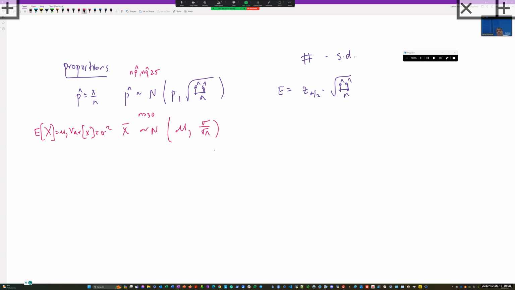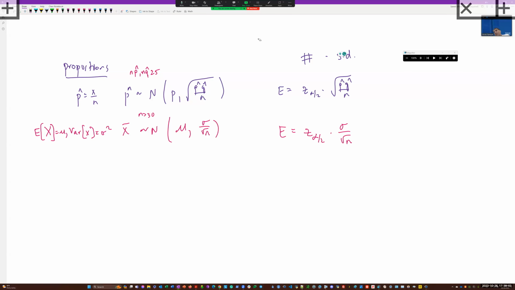Okay? Does that make sense? Then I started saying something like this. I was like, oh, well, then E is going to equal z alpha over 2 times whatever the standard deviation is, which would be this, I guess. And I even just started writing out a formula before about the minimum sample size about this stuff. Does that make sense?